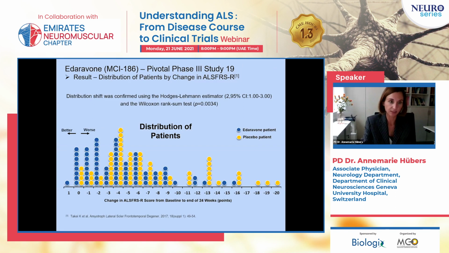And here you can see the Edaravone group in blue, and you can clearly see that there is some kind of shift towards a slower disease progression in the Edaravone group.